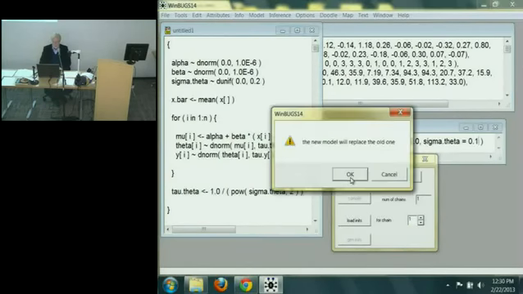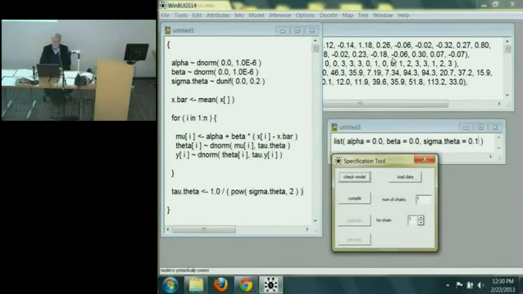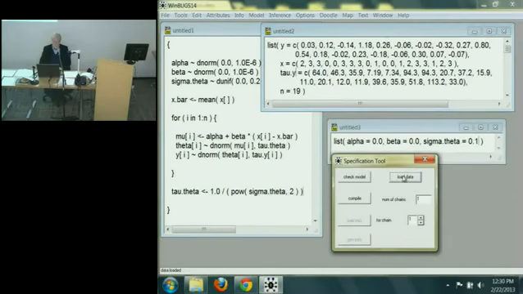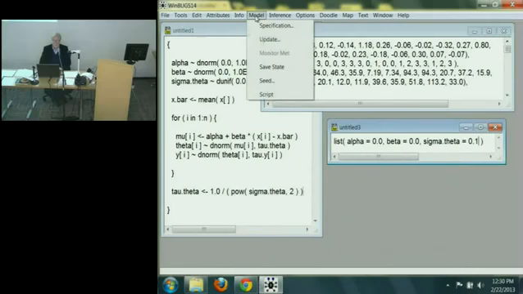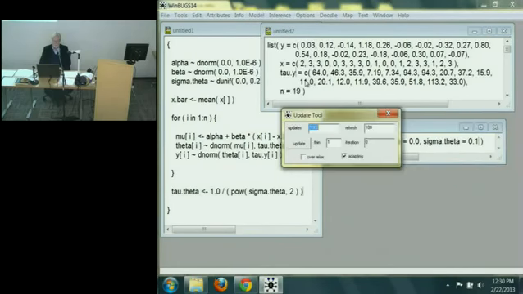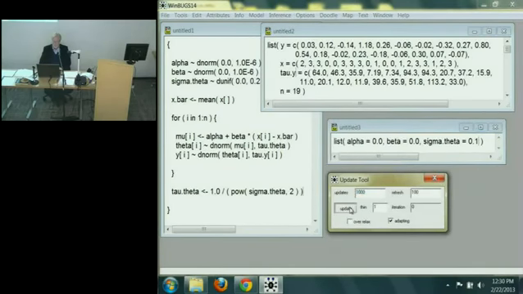So I check the model, and it looks fine. And I read in the data, and compile, and I read in the inits, and gen inits, and I'm up to speed. Now I go back and update, and there's my burn-in.